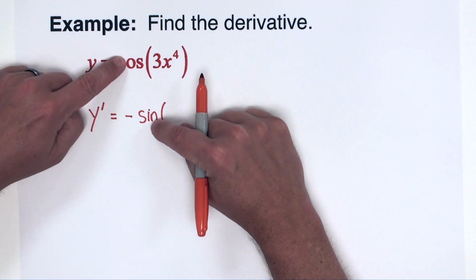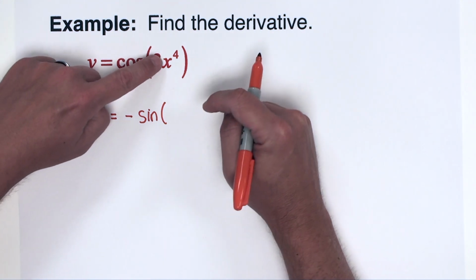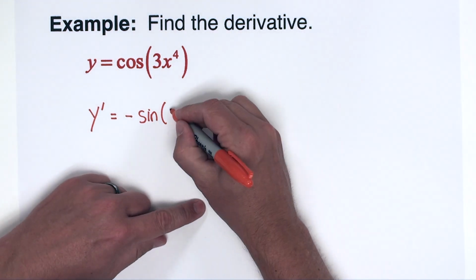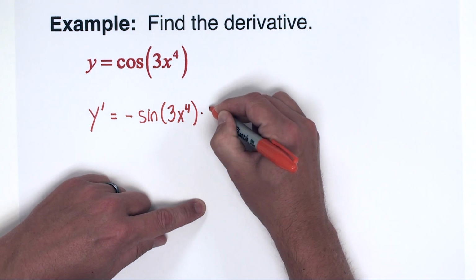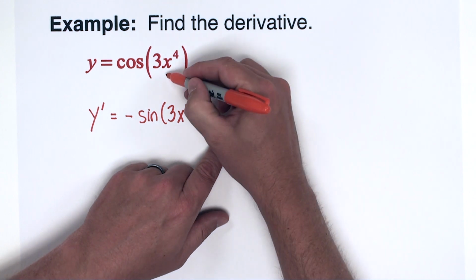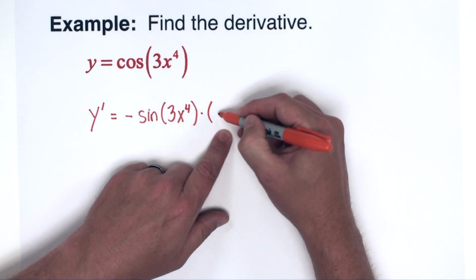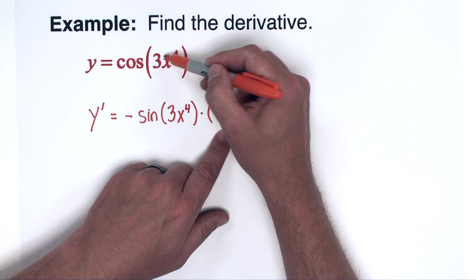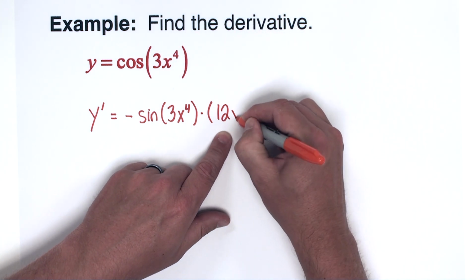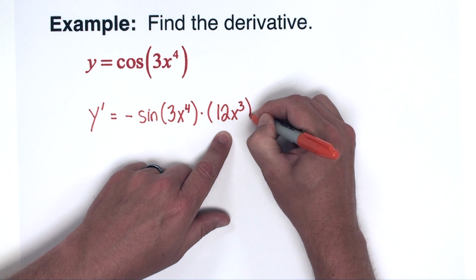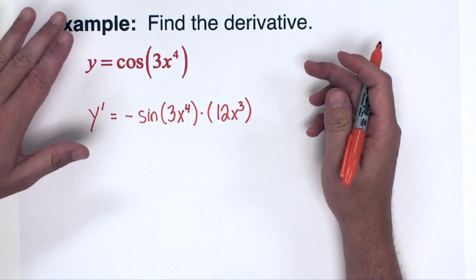And when I take the derivative of that outer function, the inside function just stays the same. So this is going to be 3x to the fourth. Now we're going to multiply by the derivative of 3x to the fourth. That's a very simple power rule where the power comes out to the front. Gives us 12x to the third. That's it. The calculus is done there.